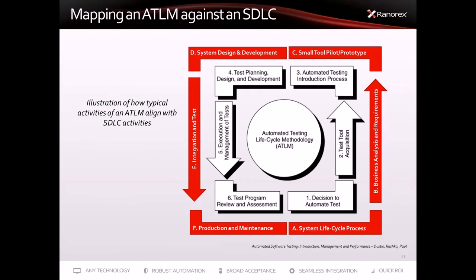You're going to make sure it's met your technology requirements, any people or personnel requirements, ease of use requirements, anything. That's how you acquire your tool, based on that analysis and requirements. For the small tool pilot and prototype, you're introducing your automated testing process, because now you have this tool that you want to introduce to your organization.